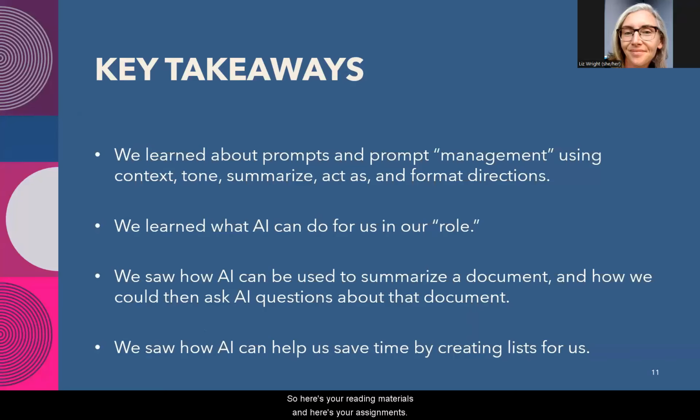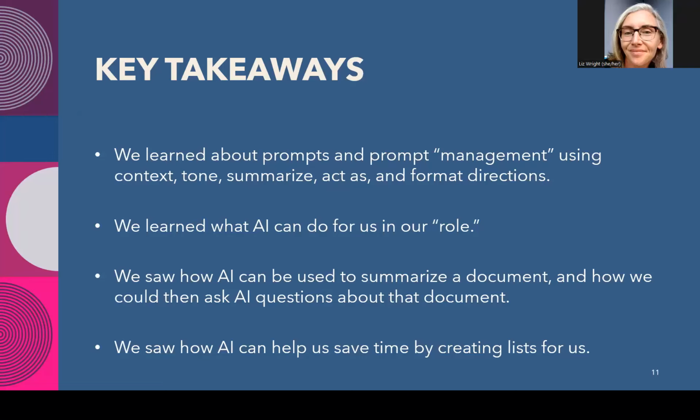So what are some takeaways for this part of the module on using AI? In this section, we learned about prompts, how to make them better by adding context, tone, summarize, act as, and format directions. We played with AI some by asking it about what it can do for our role, and hopefully that showed us some of the useful things it can help with.